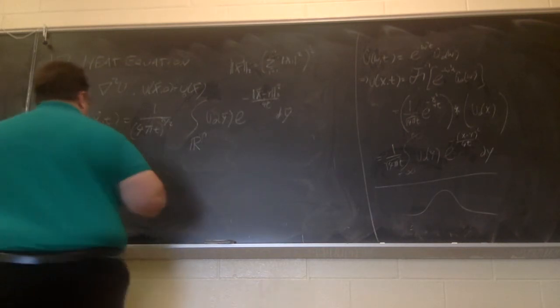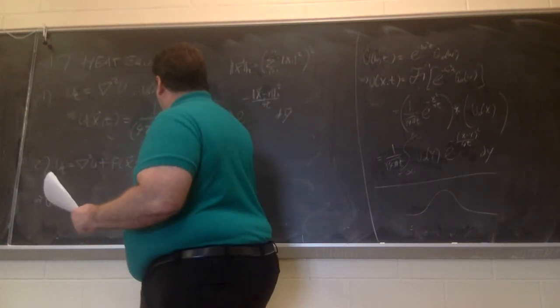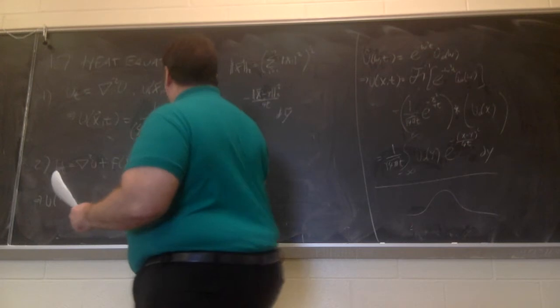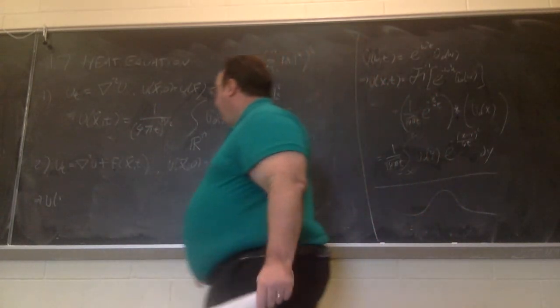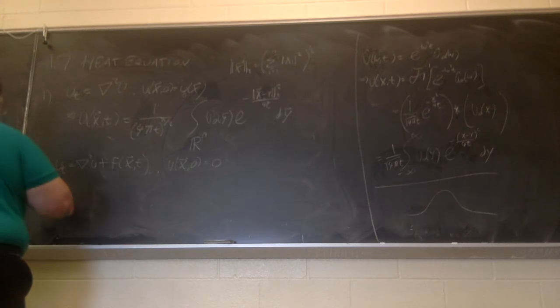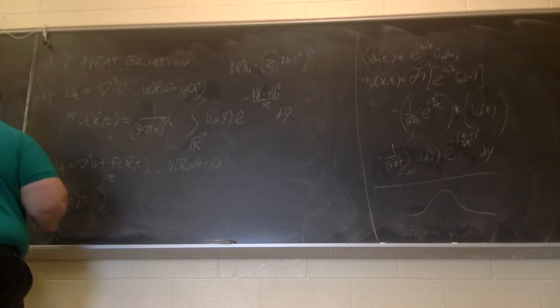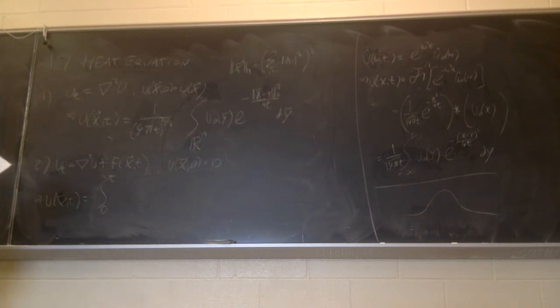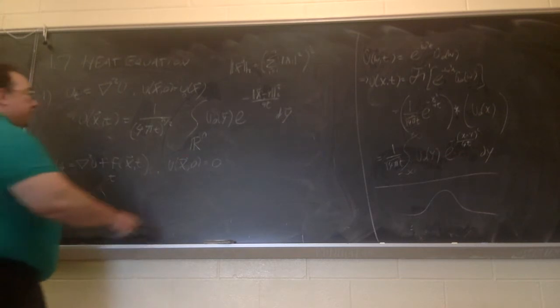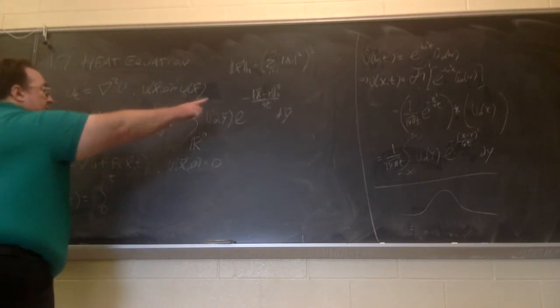Now in this case, I'm going to give an initial condition of 0, to simplify matters. So I have u of x,t is the integral from 0 to t. Really, it's going to be something along these lines.